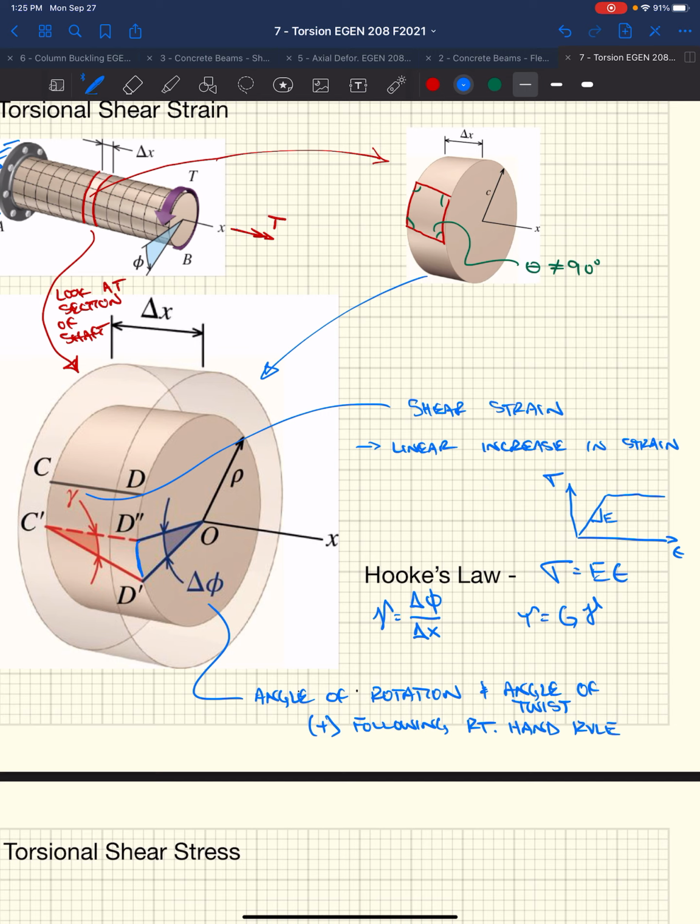One thing to note too: because we have a torque that's acting along the longitudinal axis of our shaft, we've got this origin point, or zero, at the center of the shaft. And that point's not rotating. We get more and more rotation and more shear strain as we get further away from the center of our shaft.